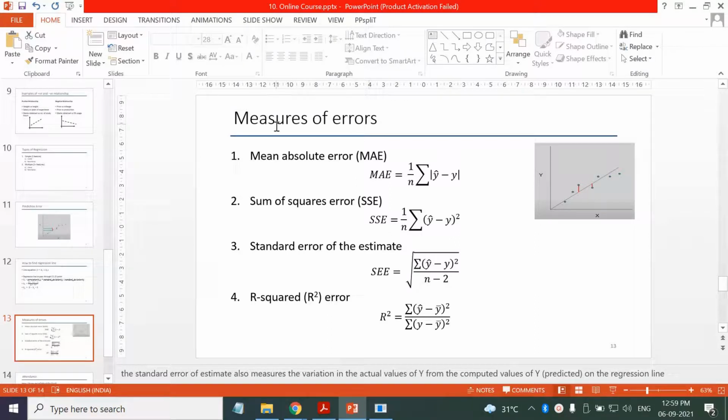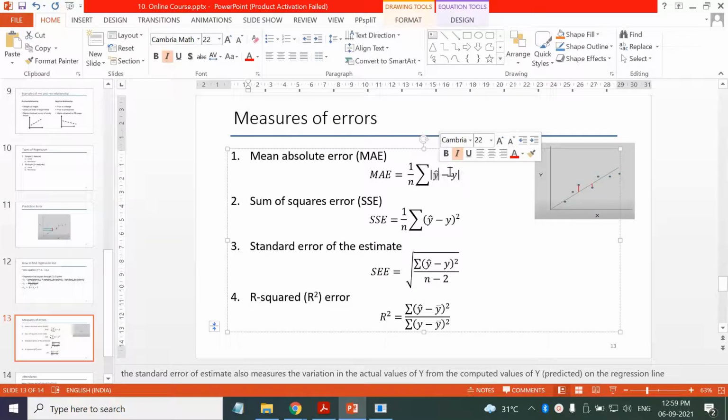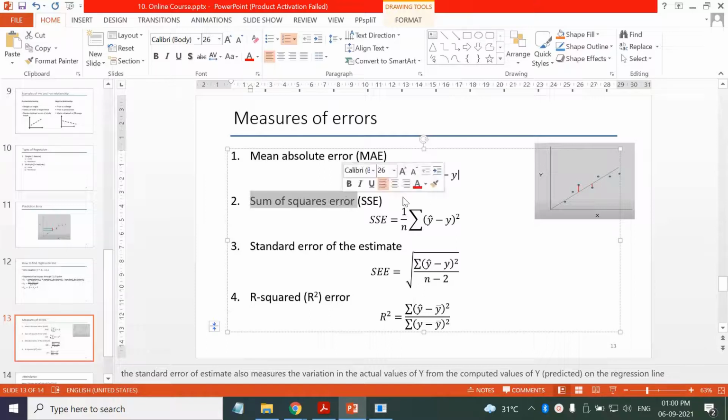We have discussed mean absolute error, right? Y hat is the predicted value, y is the actual value. Take the difference, that will be the error. Do it for all the samples and divide by n. So it is the mean absolute error. We have discussed sum of squared error also, right? Instead of taking the absolute value, you square it, so there will be no problem of the sign of subtraction.